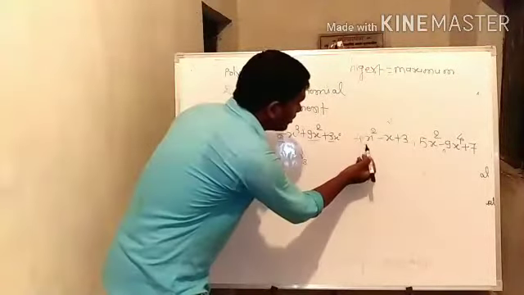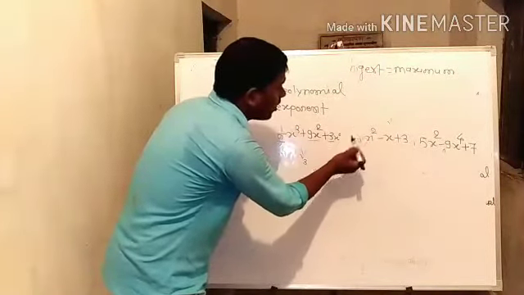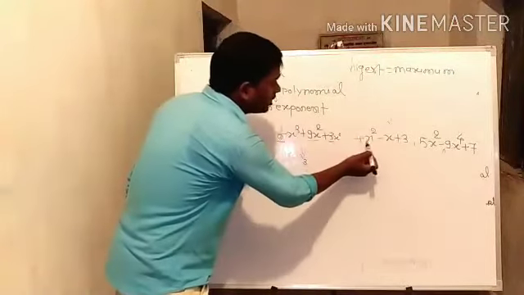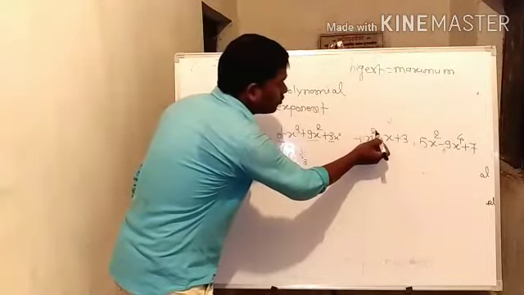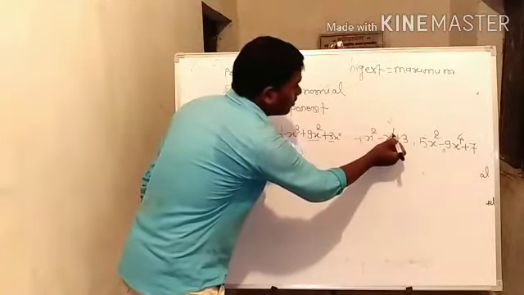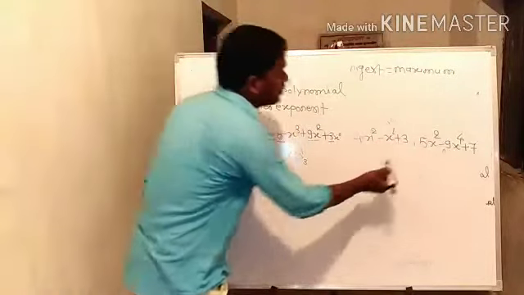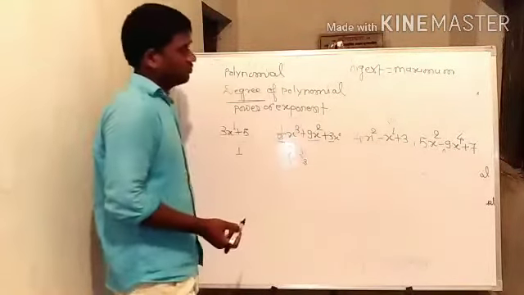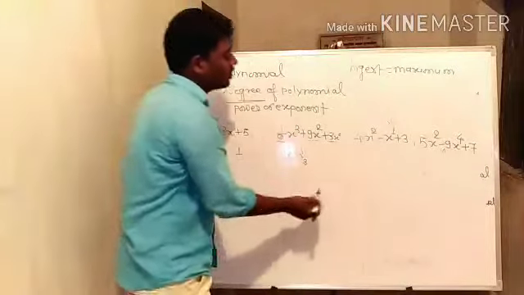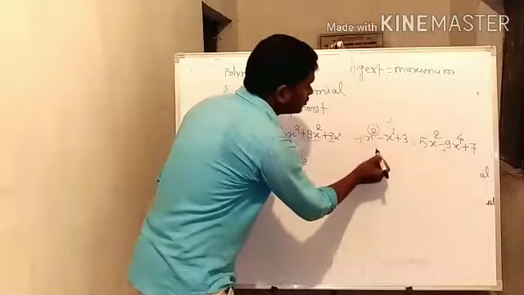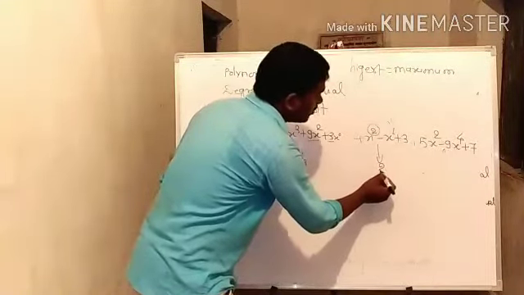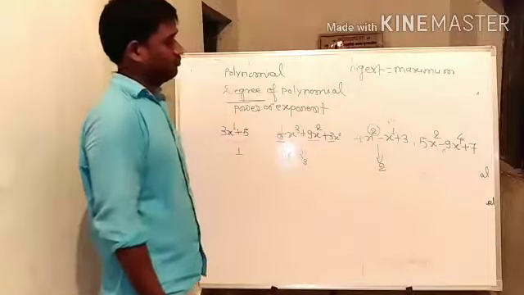In these polynomials, what is the power of each variable? In the first term, the power of the variable is 2. In the second term, the power of the variable is 1. In the last one it is 0. So what is the degree of this polynomial? The highest power is 2. So the degree of this polynomial is 2.